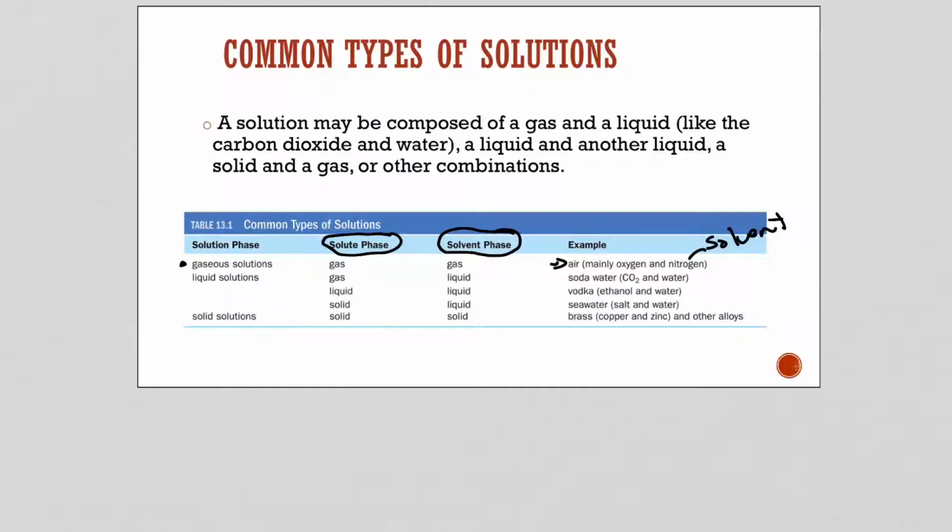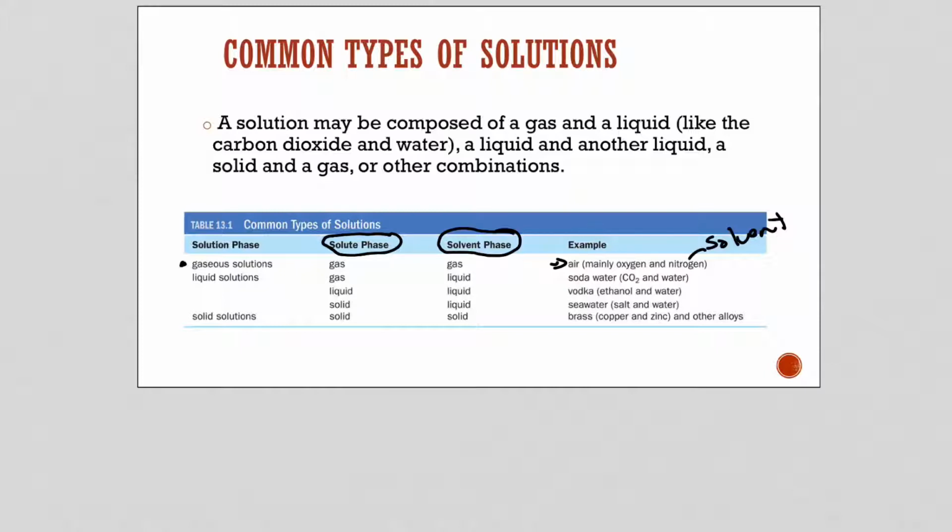Now, we can also have solutions that take on the liquid phase, meaning their solvents are going to be liquids. And these can come in three different forms, right? They can come where the material that we're dissolving, the solute, is either a gas, a liquid, or a solid. So, for example, we can have carbonated water, right, where we're dissolving a gas, carbon dioxide, into the liquid water.